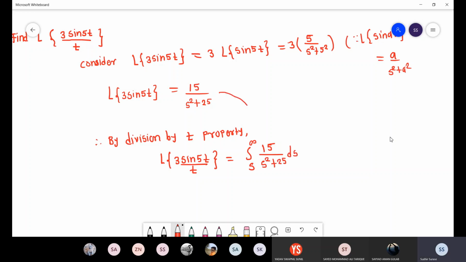This is f of s, 15 upon s square plus 25, and we have to integrate it from s to infinity with respect to s. So what is the answer of this?